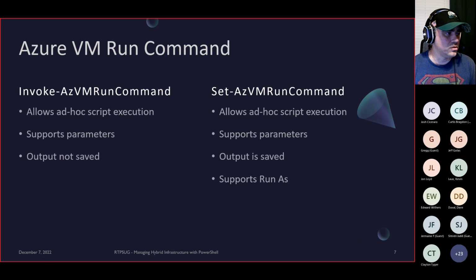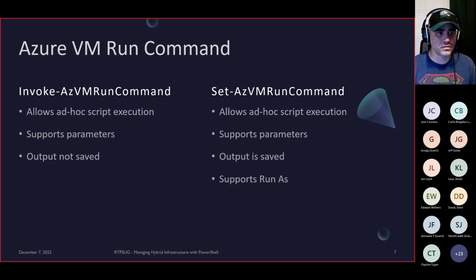The invoke run command allows for ad hoc execution, but it is a one-time execution. So it's going to go out, run that script, sit there, your session is going to spin the whole time it's doing it, and it's going to pop out the results.